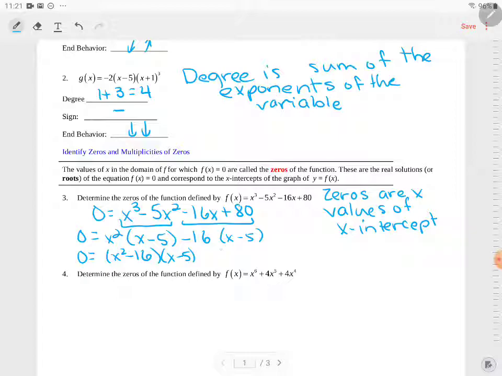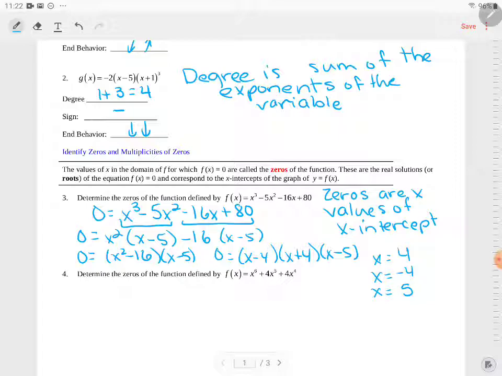Okay, so that becomes 0 equals, now if you remember, x squared minus 16 is a difference of squares, so that's going to be x minus 4, x plus 4, x minus 5. And setting your pieces to 0, you're going to get x equals 4, x equals negative 4, and x equals 5.